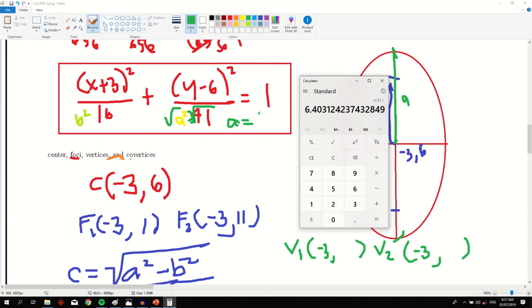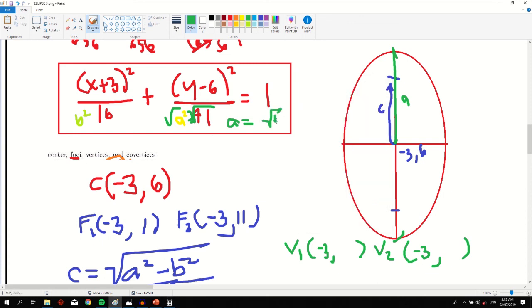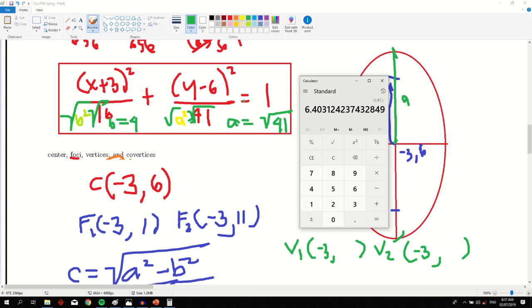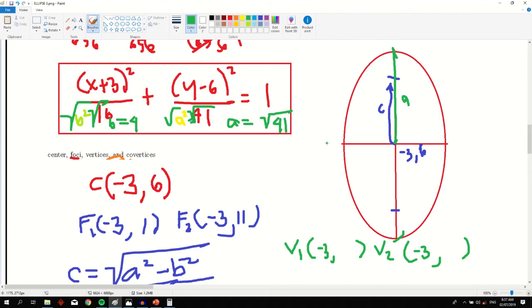Alright, so it is the square root of 41. You can approximate it, but it's okay to leave it. If we square root this, it will be b equals 4, correct? We'll check that. Square root of 16 is 4.